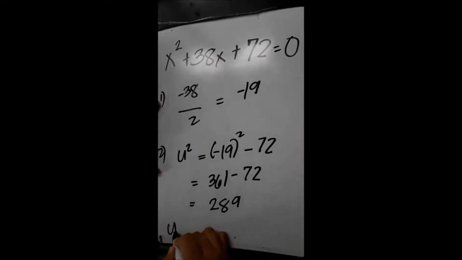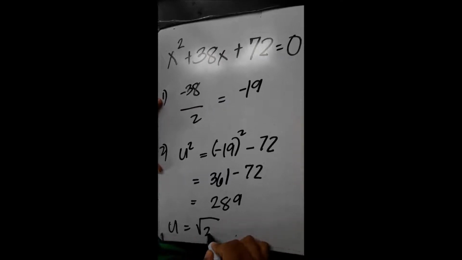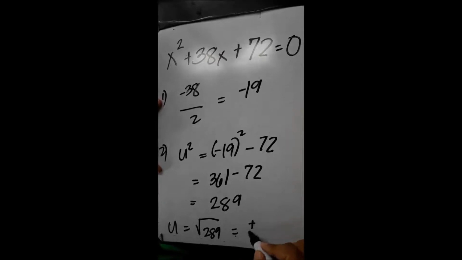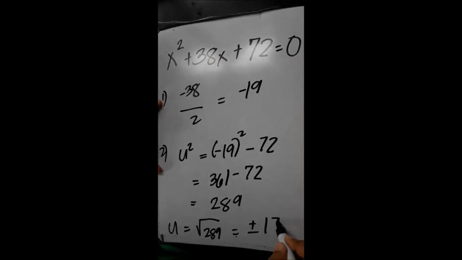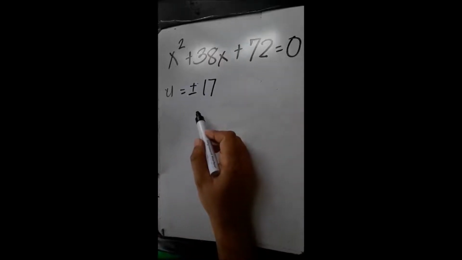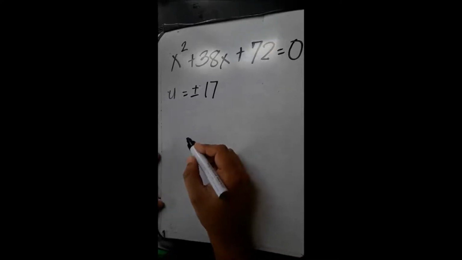Finding u, u is equal to the square root of 289, which is equal to plus or minus 17. Now we have the value of u, which is plus or minus 17, but we will again take the positive sign.